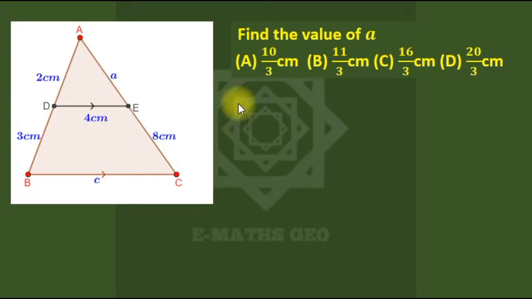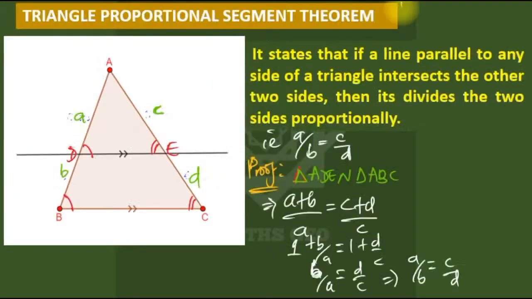As you can see, we are seeing this triangle, and this line is parallel to this, so we can use the triangle proportional segment theorem. We can also call it the side splitter theorem.